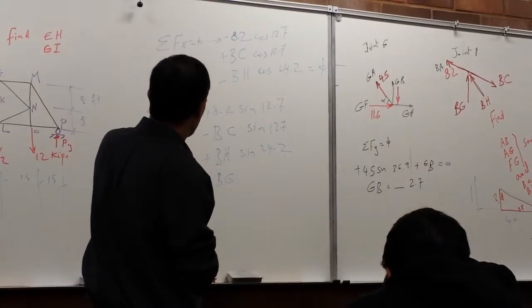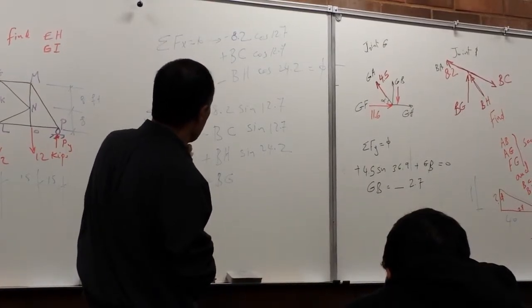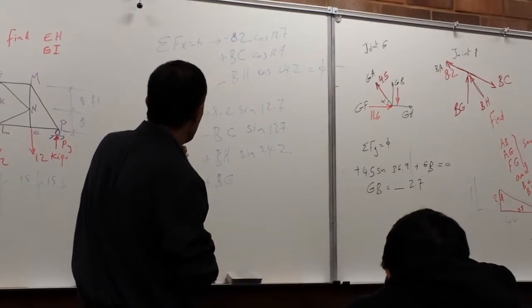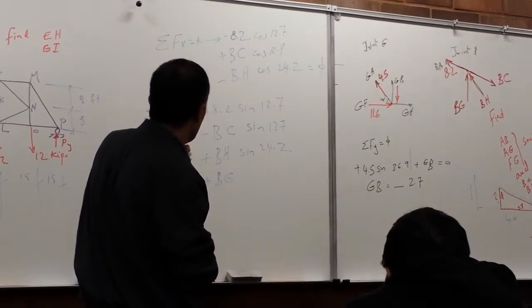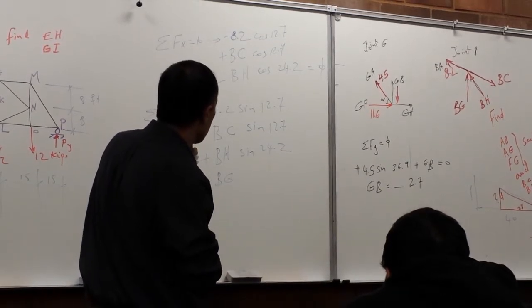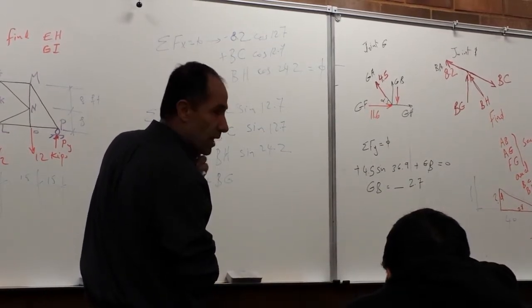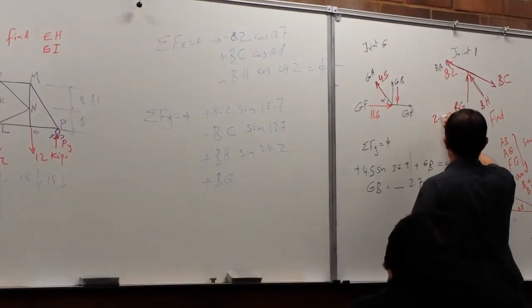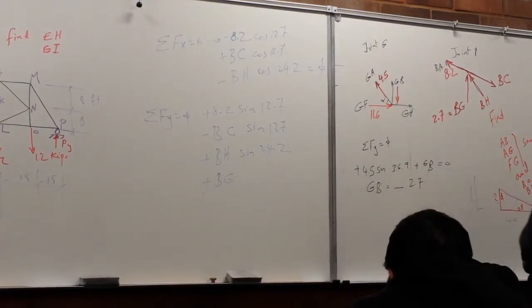Let's look at the unknowns now that we have. The BC is unknown. The BH is unknown. The BG, now we know BG, 2.7. How much? 2.7. Let's look at where we find 2.7.